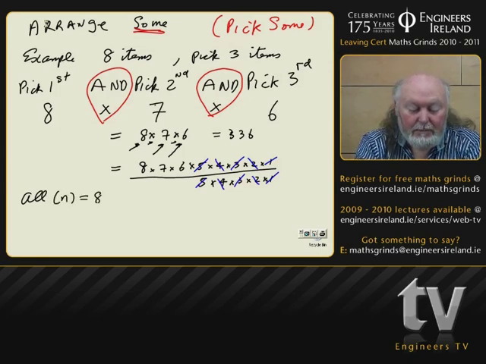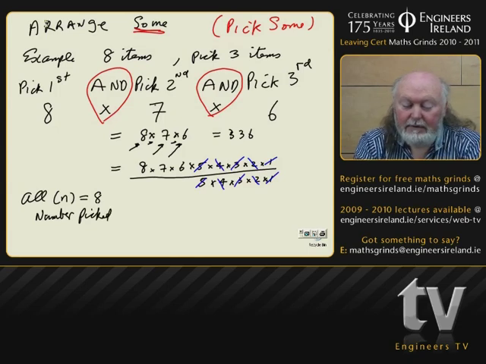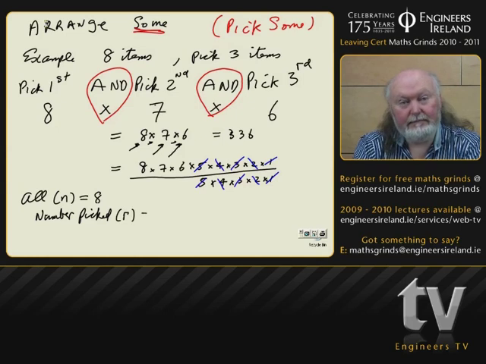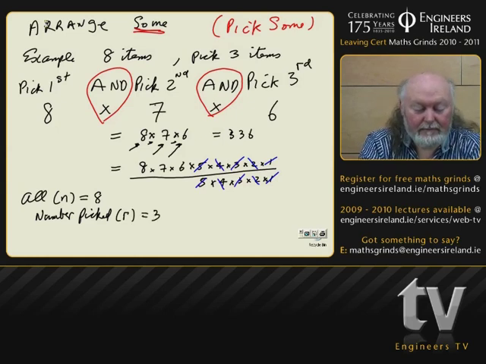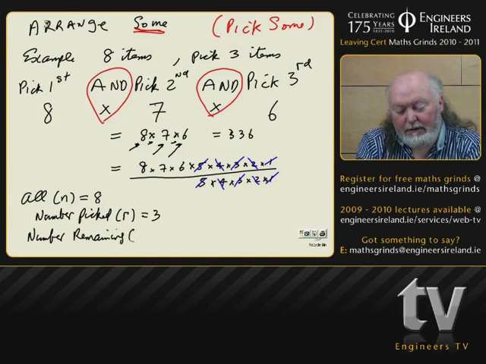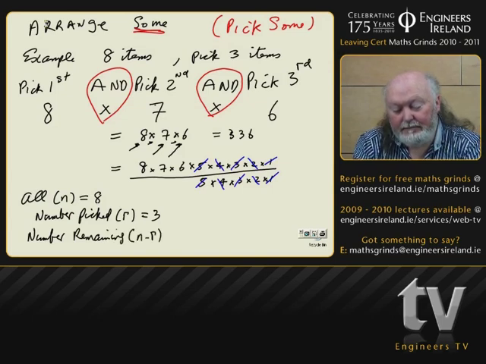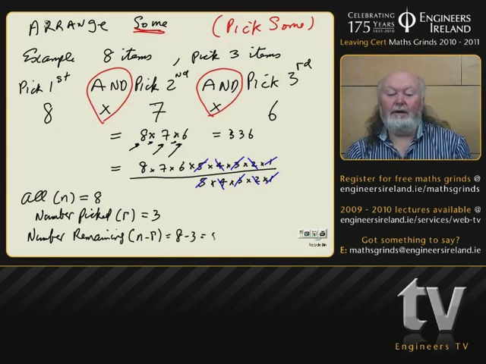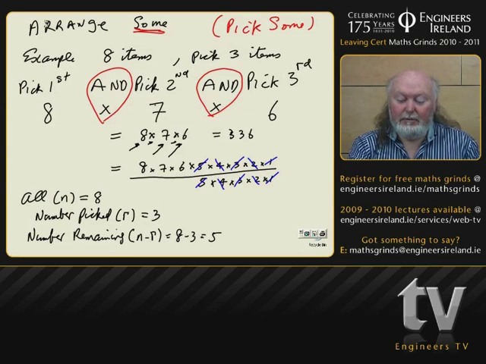Number picked, which is r, is 3. Number remaining, which happens to be n minus r, in this case, and this, interestingly enough, is the key one.